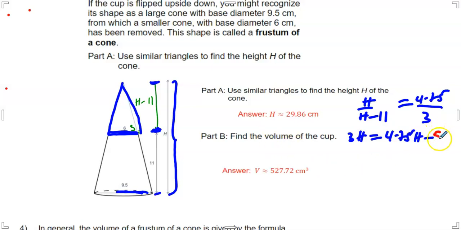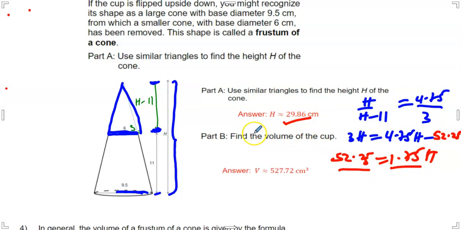So 52.25 is equal to 4.75h minus 3h, and that gives us about 1.75h. And when we divide through by 1.75, we get h to be approximately equal to 29.86 centimeters.